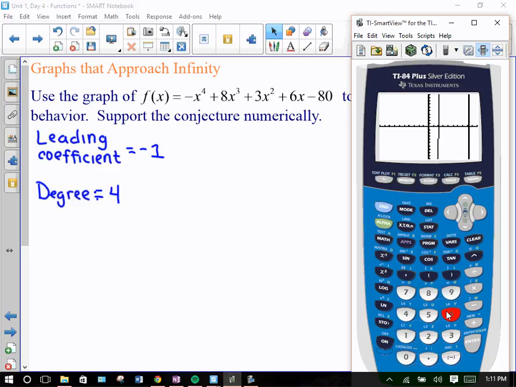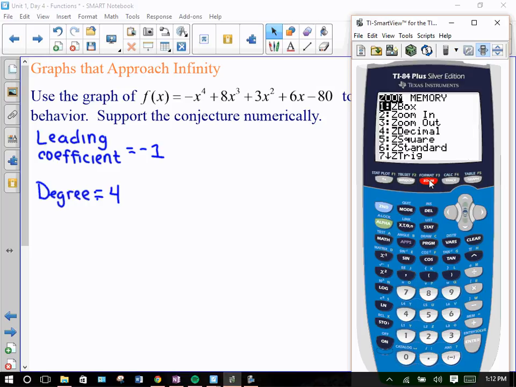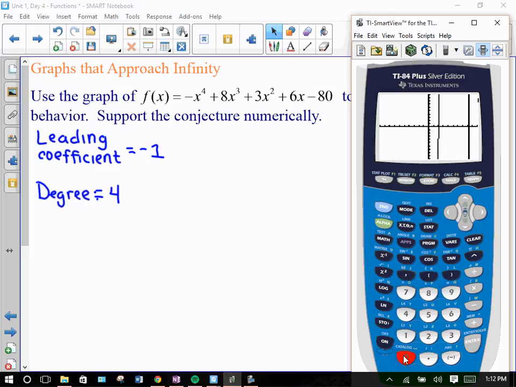So anytime that you graph something like this, and you really can't see much of the graph, you can't really see what the ends of the line do, it's not that obvious. What you want to do is zoom out. And hopefully this works. So you can see right there. Alright? And I'm going to zoom out a little bit more.